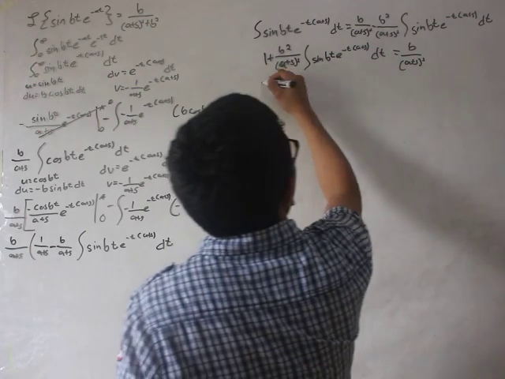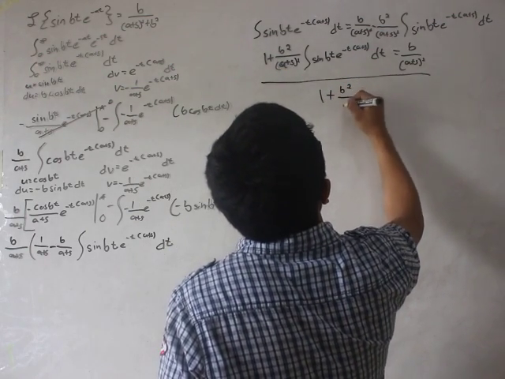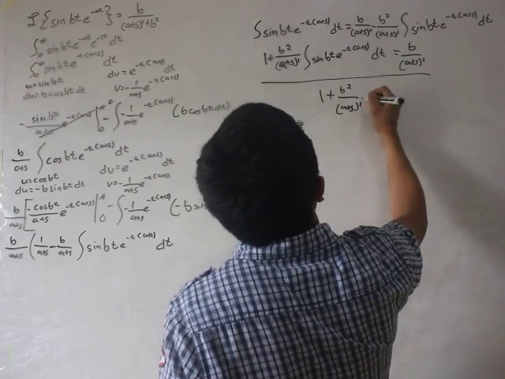So we divide it by 1 plus b squared over (a plus s) squared.